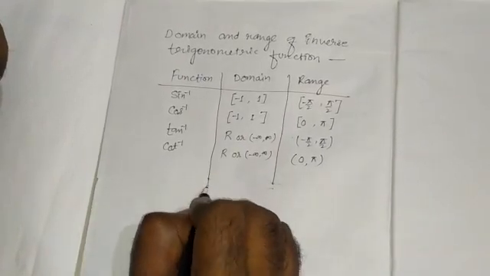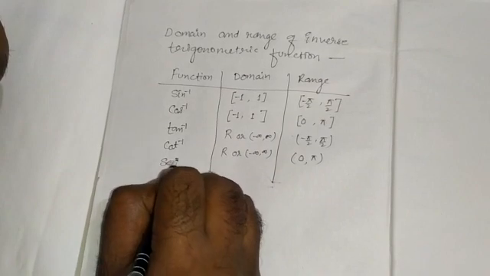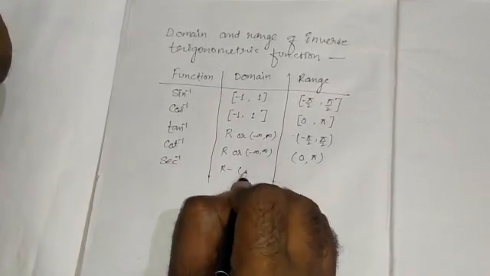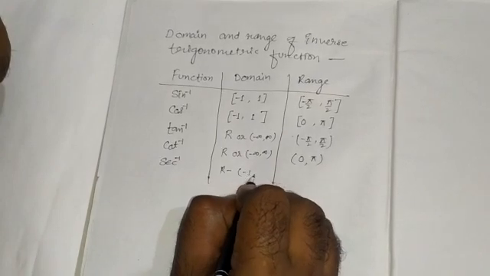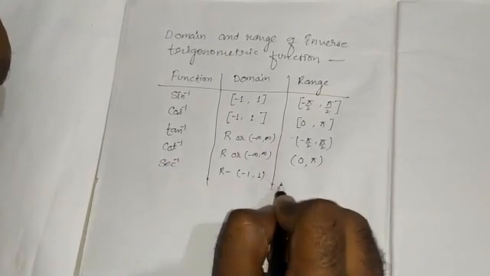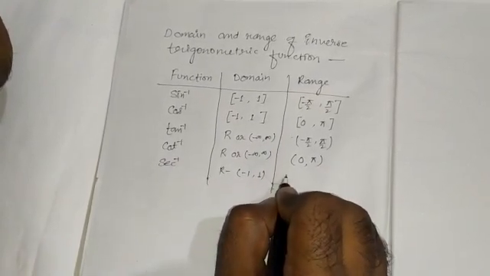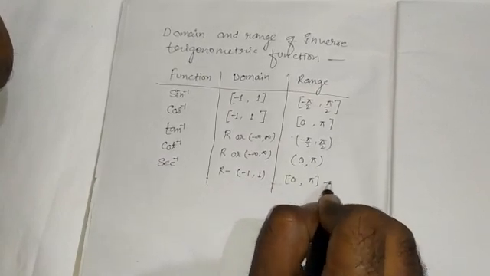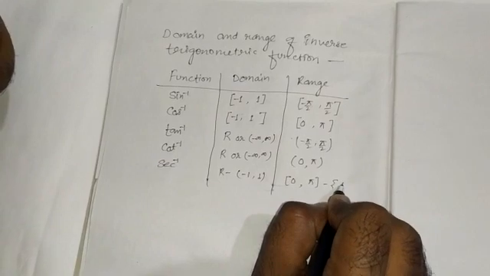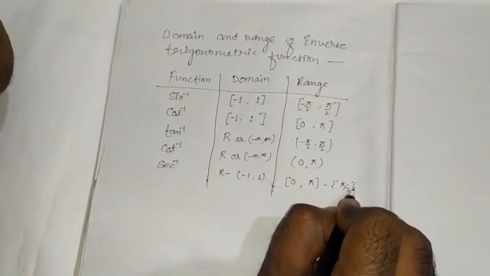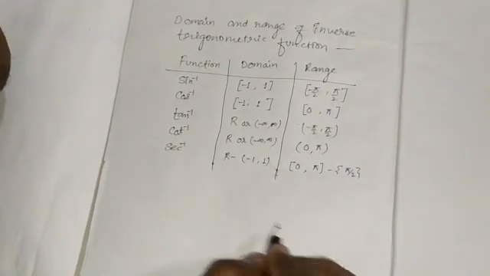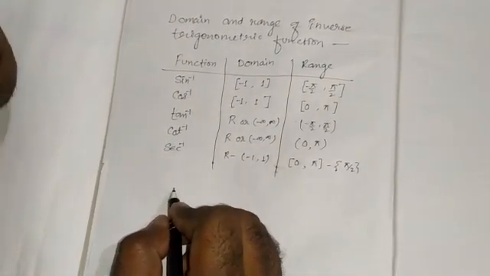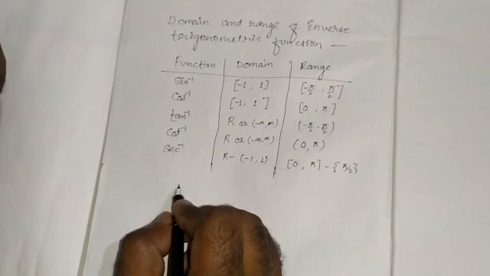And the next function is sec inverse. The domain will be R minus the open interval -1 to 1, and the range will be the closed interval 0 to π minus {π/2}, because the value of sec π/2 is infinity, because the value of cos π/2 is 0 and its inverse will be infinity.